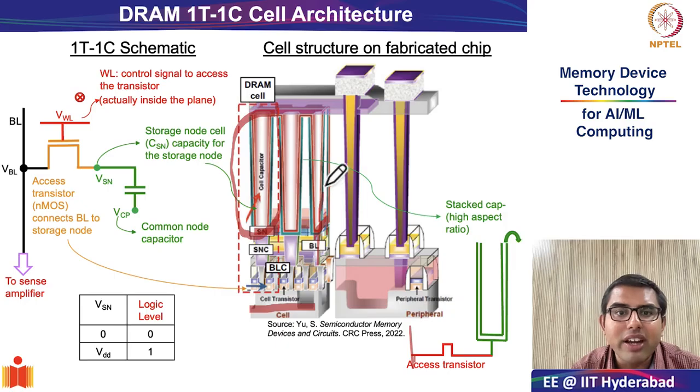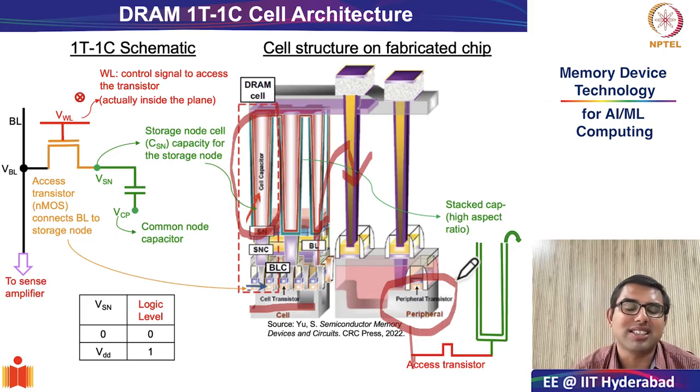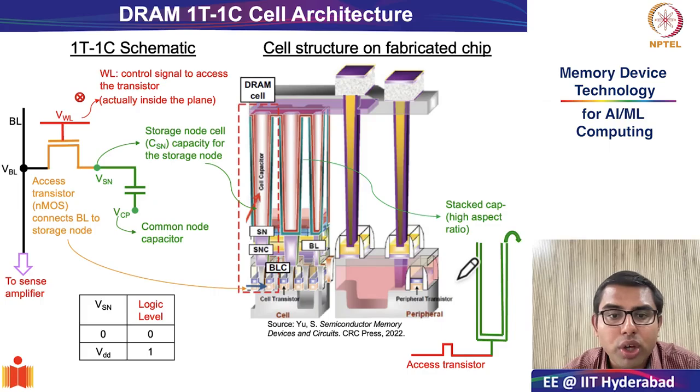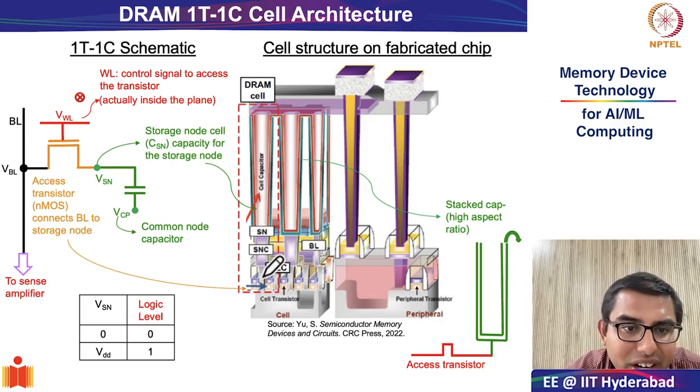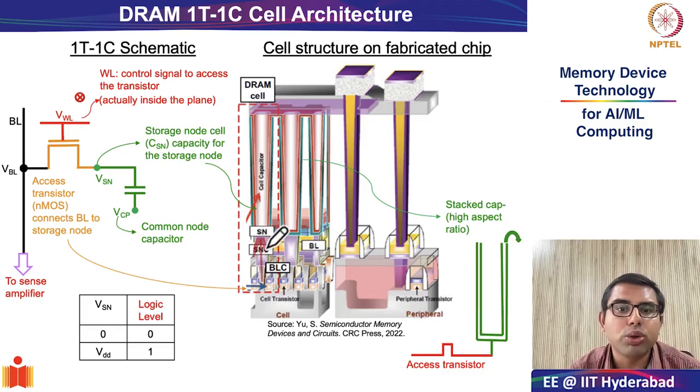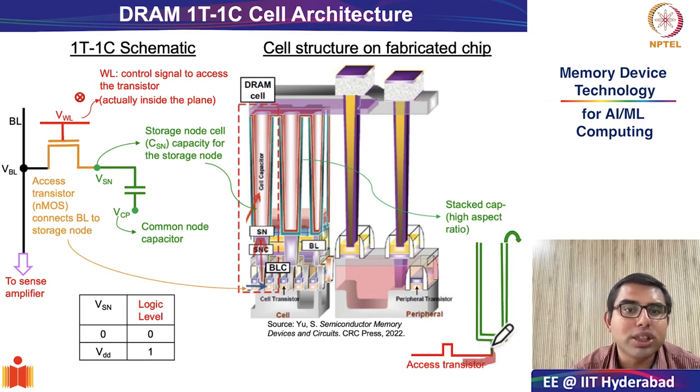The information from the bit line will of course go to the outside peripheral circuitry or peripheral transistor. The other end of your access transistor is connected to the storage node, as also indicated in this particular schematic.